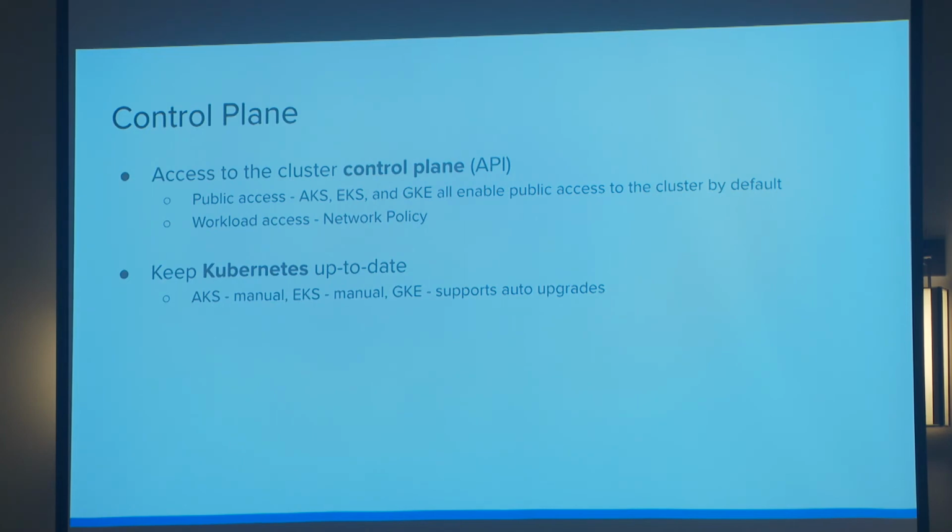Because even though you might not be exposing the credentials, it's a defense in depth idea that even if I've leaked credentials, if nobody can connect to my API server, I'm still protected. And as part of securing the control plane, it's also important to keep Kubernetes itself up to date. There are CVEs that are published in Kubernetes components from time to time. So that's the general health and maintenance of the control plane that also needs to happen.